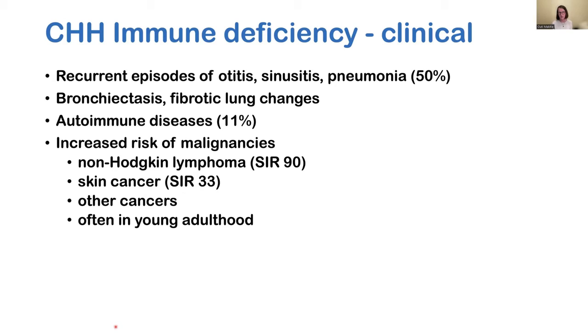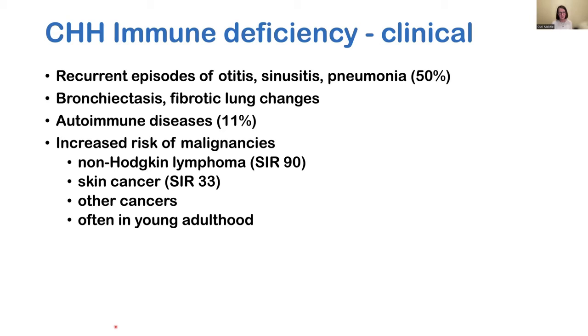They may develop bronchiectasis. We've seen that in a fairly large number of adult patients, and some also have fibrotic lung changes. And surprisingly, we found autoimmune diseases in 11% of the patients, a very variable spectrum of those.